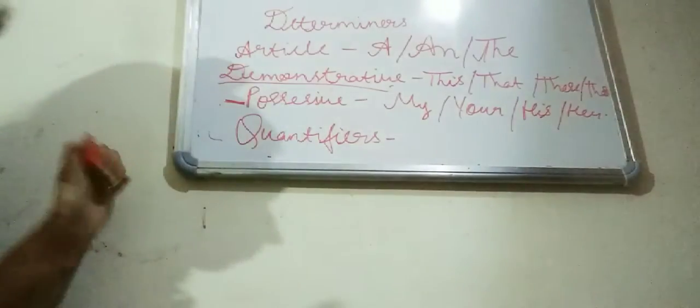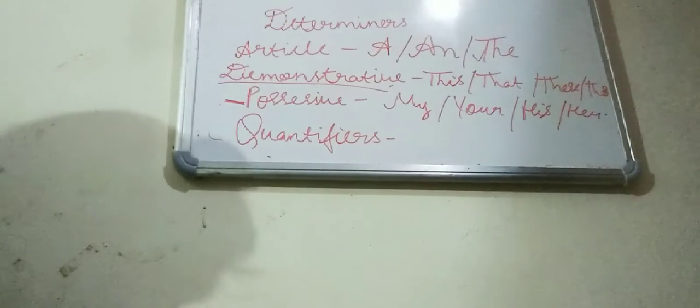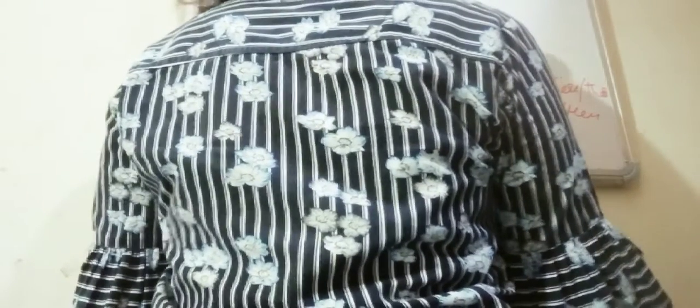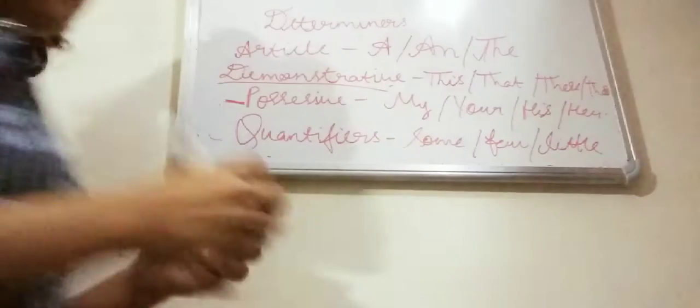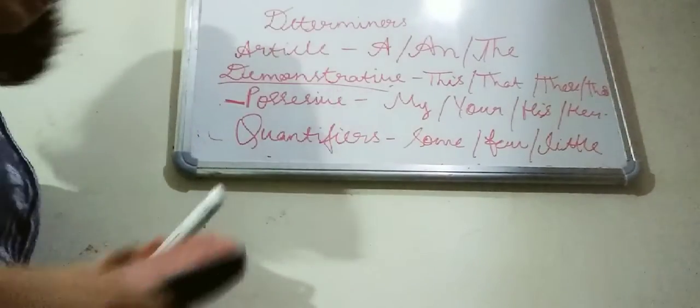So we will now move ahead and go for the quantifiers. The examples for quantifiers are some, few, or little. And in quantifiers there is one more type.